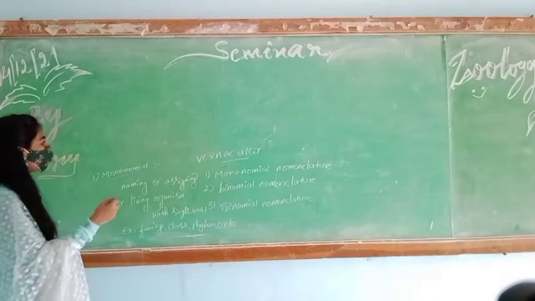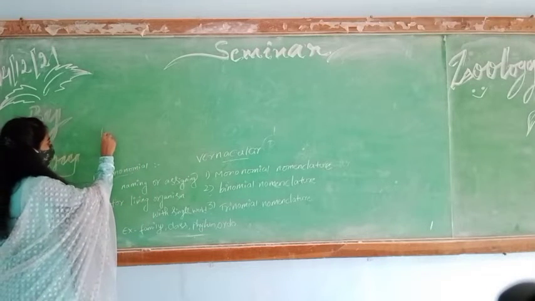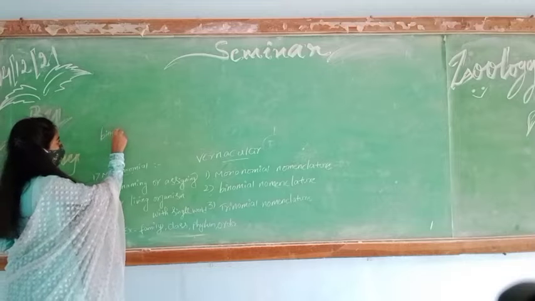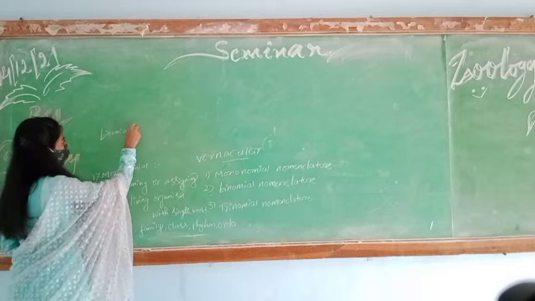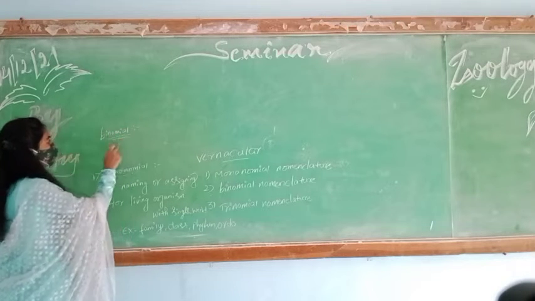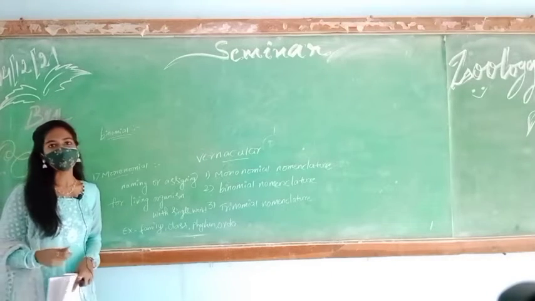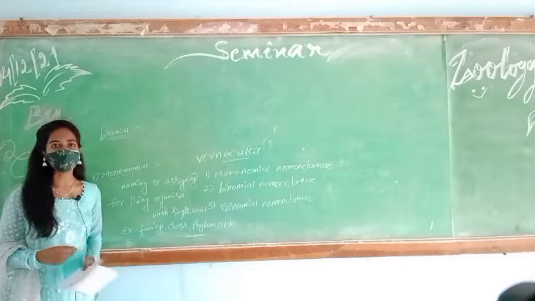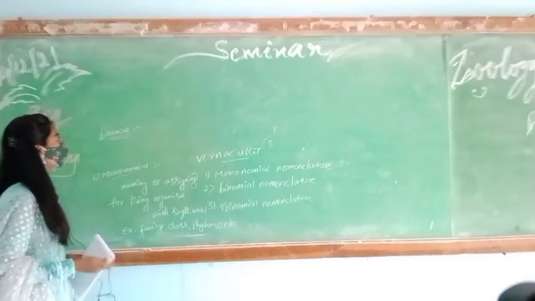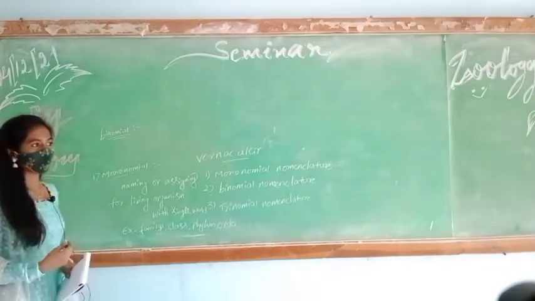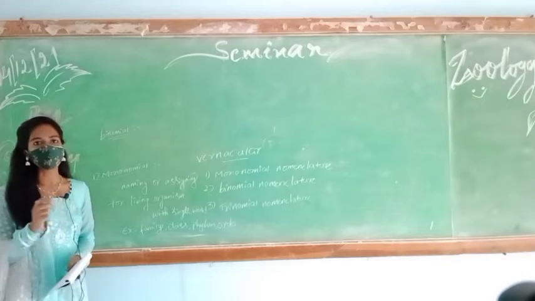So let's see what is binomial nomenclature. In binomial nomenclature, every organism is provided with two words, that are genus and species. For example, genus means the person's surname.